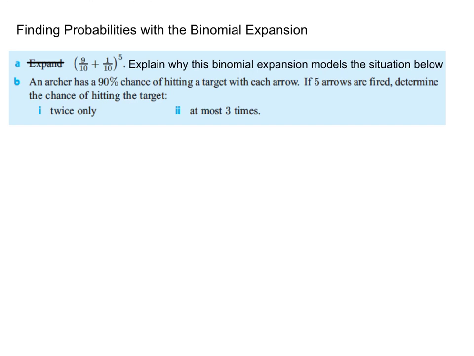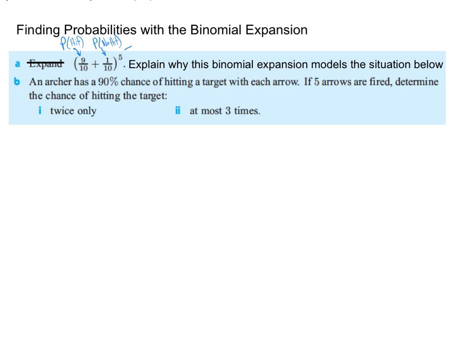First of all, let's explain, why does this binomial here model this situation? Isabel? Because the first part is the 90% chance, and then the 1/10 is the 10% chance of not hitting the target. So this is the probability of hitting it, and the other one's of not hitting it. And then since they're firing 5 arrows, that's what the 5th is.